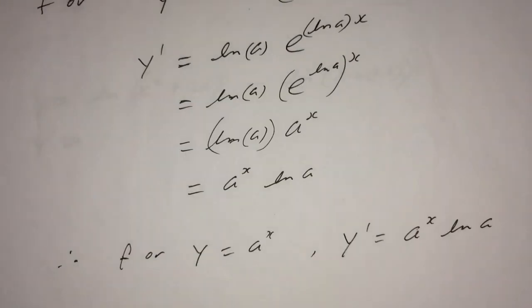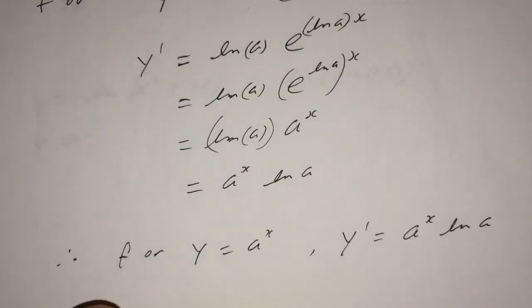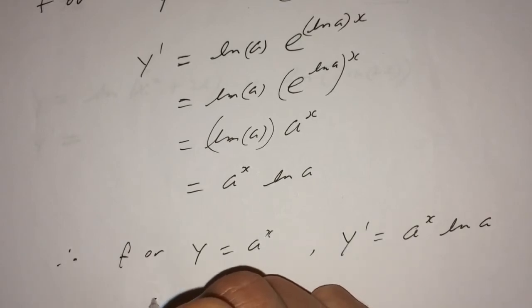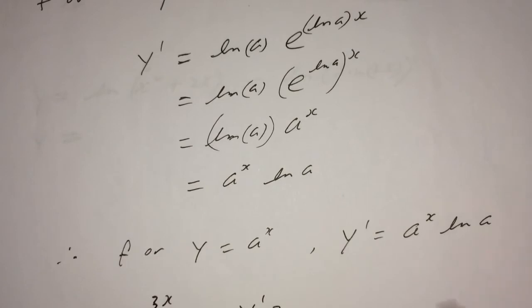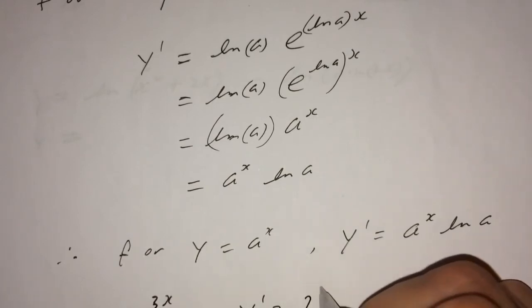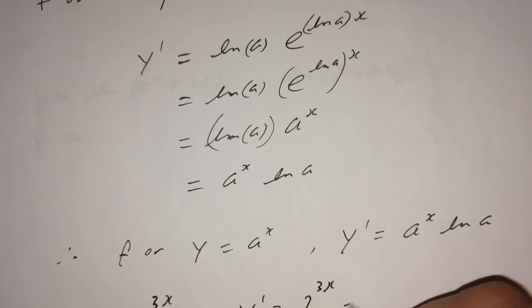Now let's try a little example. So for y equals 2 to the 3x, y prime is going to equal 2 to the 3x ln 2 times the derivative of the inside, the derivative of the exponent, which is 3.